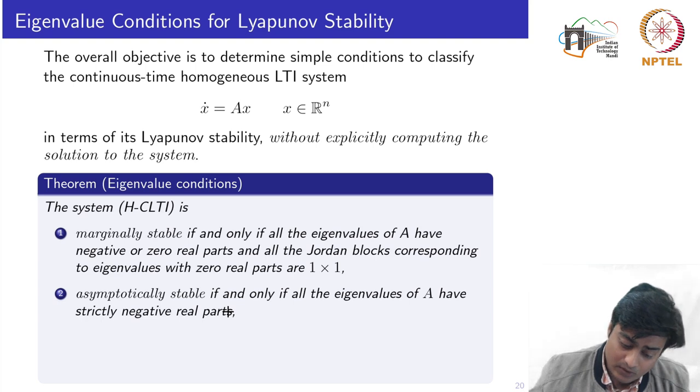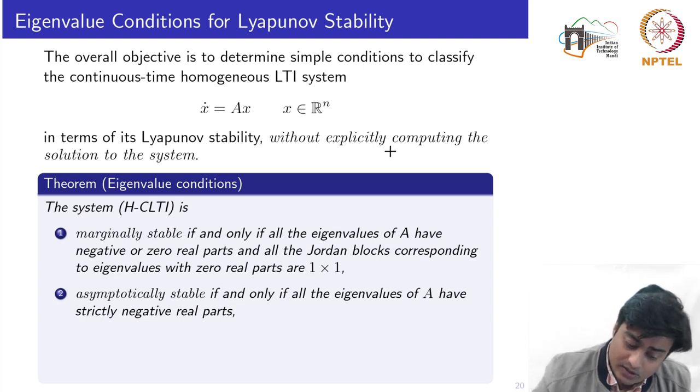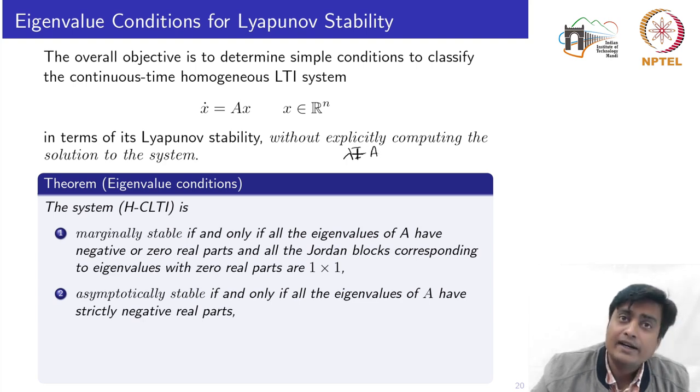Now just to recall computing the eigenvalues of the matrix A, let's say we have this matrix A, then you can compute the eigenvalues from the determinant of lambda I minus A, where I is the identity matrix of the same dimension as A. Once you have the polynomial in terms of lambda, you equate it to 0, and then you compute all the lambdas. All these lambdas are the eigenvalues of the matrix A.